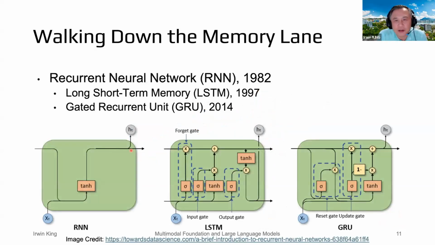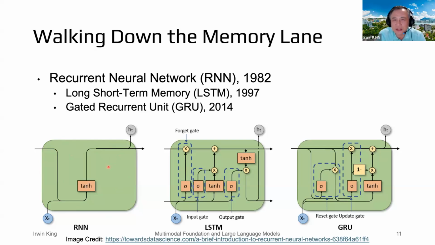Going back a little more, in 1982, this is where we had what we call the recurrent neural network, RNN. It was developed in 1982, and this was a network that is capable of processing temporal signals. But it was very rudimentary, very basic.